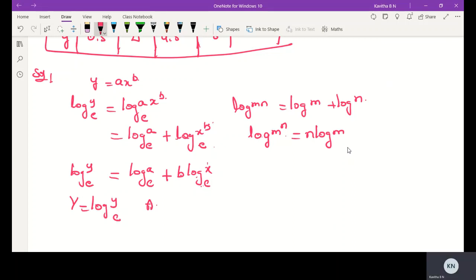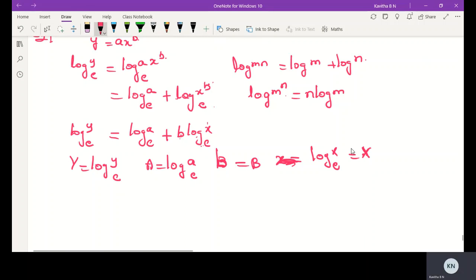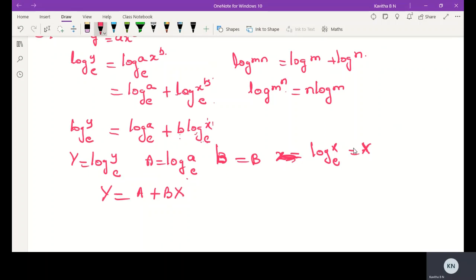Then log a base e we write as capital A. Small b we write as capital B. Log x base e we write as capital X. So log y base e is capital Y, log a base e is capital A, b is capital B, and log x base e is capital X.